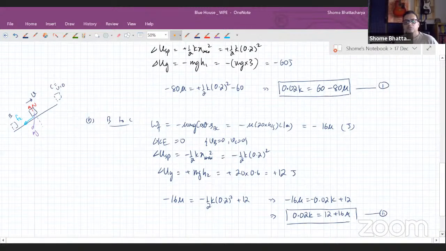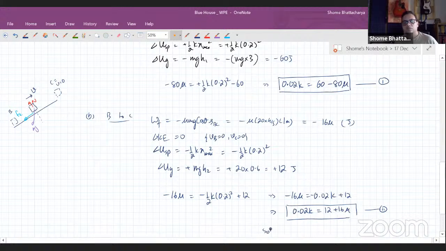Now we can solve equations 1 and 2 for mu and K. You can see, just equate them. So you have 60 minus 80 mu is equal to 12 plus 16 mu.